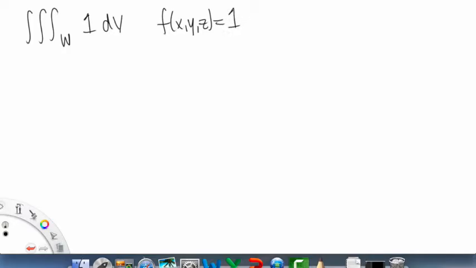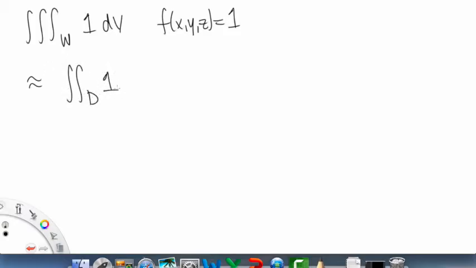So then, as we did with double integrals, with triple integrals there is a special case, of course, because there's always a special case for something or other. So this is when our f of x, y, z equals 1. I'm going to do a little throwback here to double integrals.